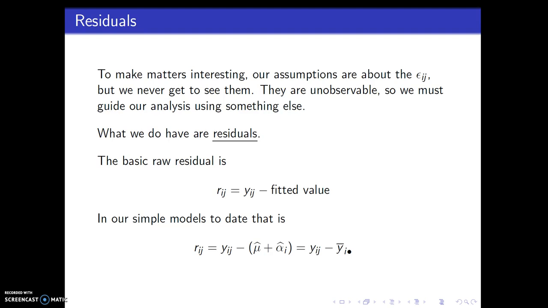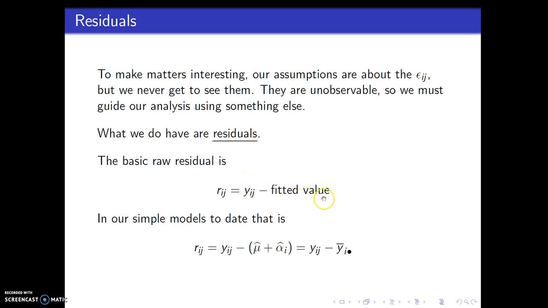Residuals. So on to residuals. Remember that the residual is just the observation minus the fitted value. Because this is just a linear model, we need to be paying attention to these residuals. So the basic raw residual is, as I said, observation minus fitted.